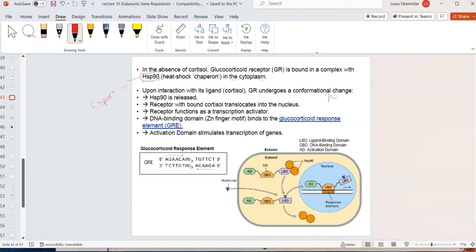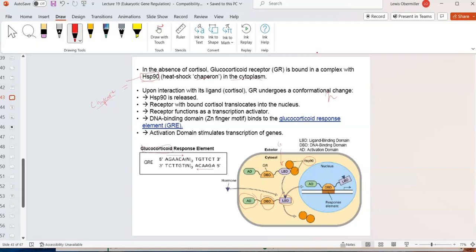So in this case, we have the activating domain, the DNA binding domain, and the ligand binding domain, which in this case is glucocorticoid. So the heat shock protein 90 is bound to this ligand binding domain, which would normally bind to the glucocorticoid.